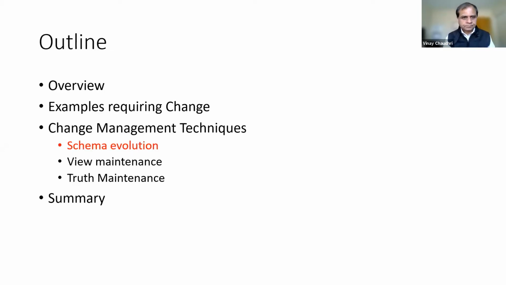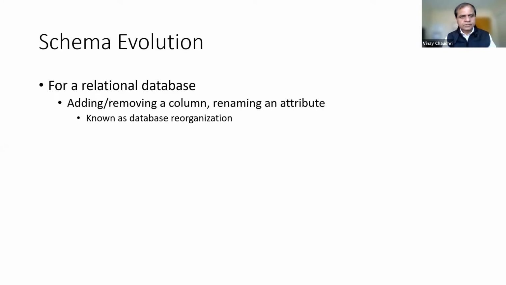All right, so that was sort of a spectrum of changes that we may face, and that was sort of a motivation in setting up the context for the techniques we are talking about. Now, for a relational database, in addition to adding or removing tuples or entries in your tables, you can do changes such as adding or removing a column, or you could rename an attribute.